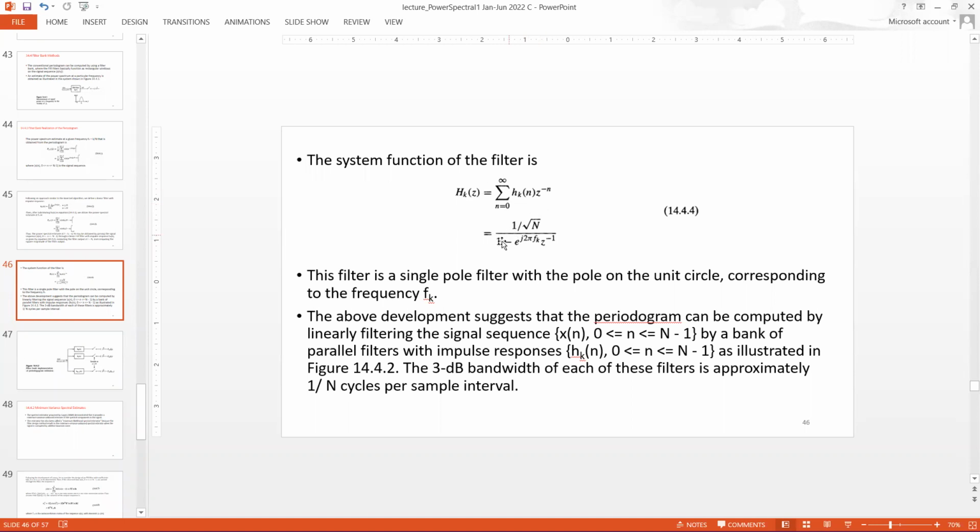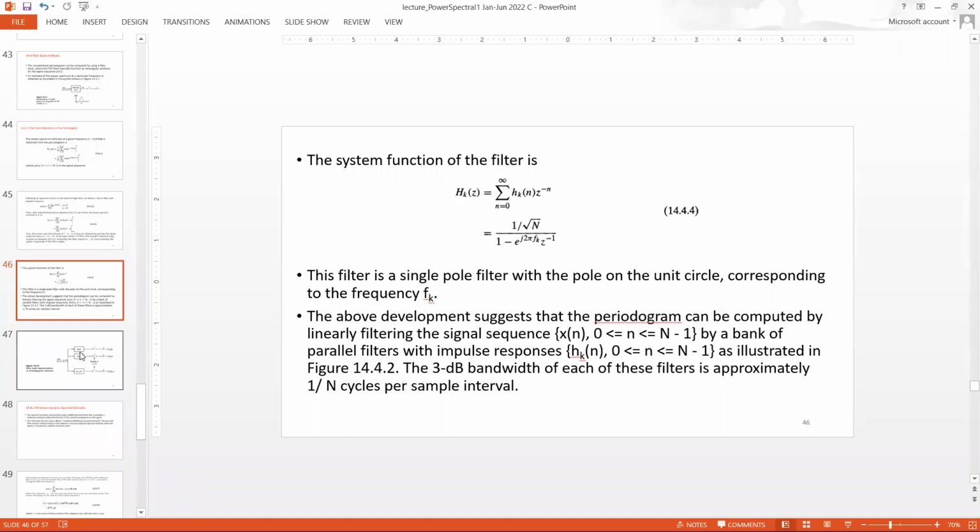So this can also be written in this term. So this filter is a single pole filter with the pole on the unit circle corresponding to the frequency fk. So this is a simplified version of the impulse response.